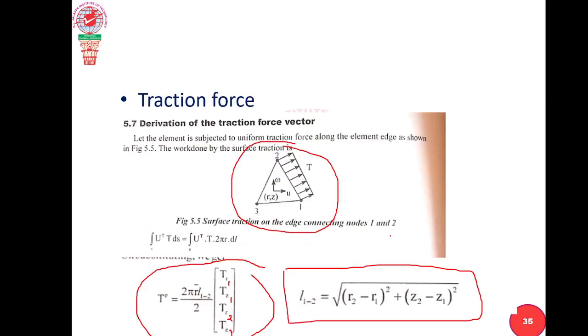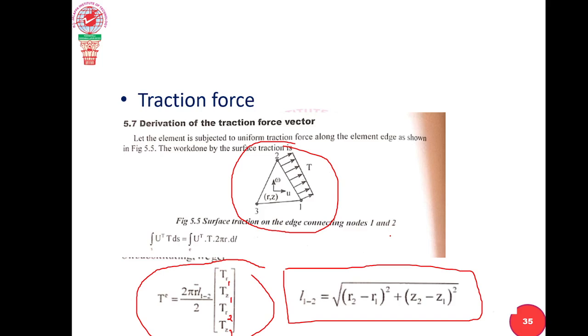TR and TZ are called traction forces with respect to the R and Z direction, and the unit is MPa.